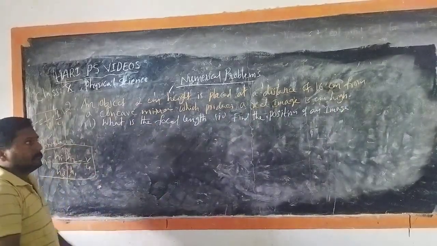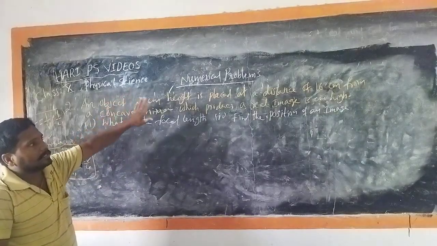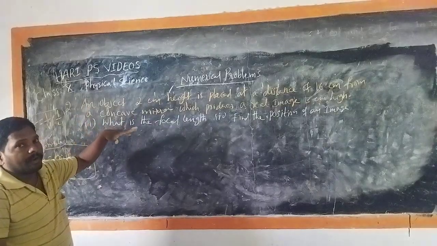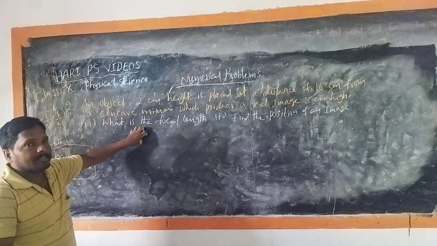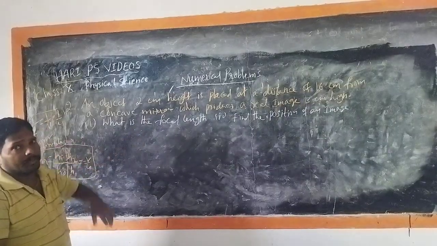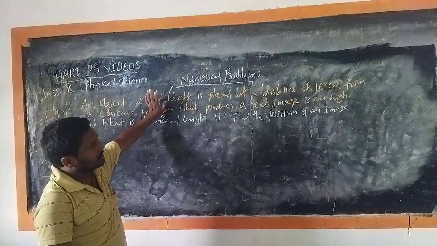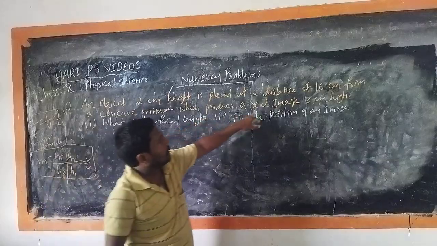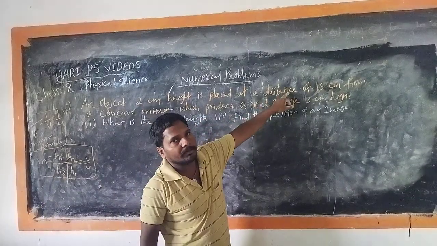In the previous problem, the height of the object, the distance and the focal length were given, and we had to find the position, size and nature of the image. But in this problem, the position of the object is given and the nature of the image is given: a real image is formed.